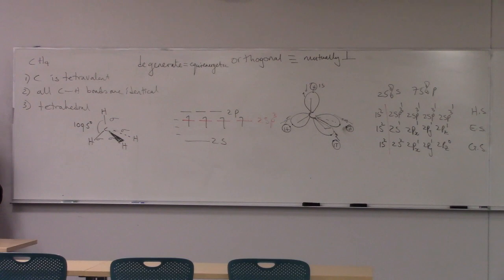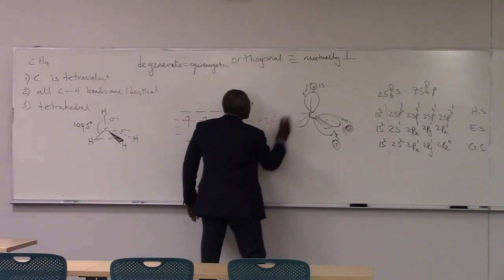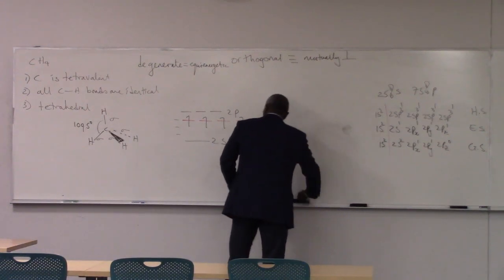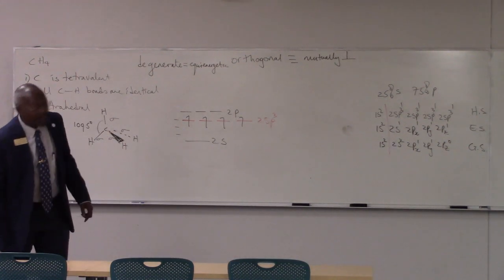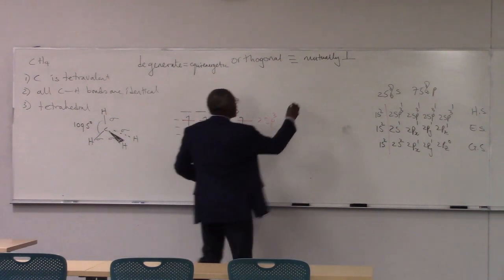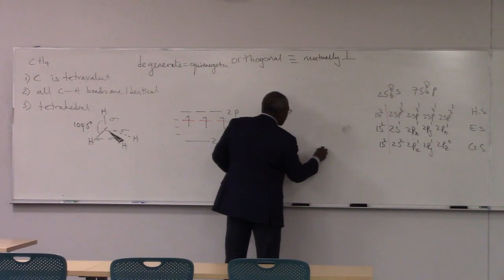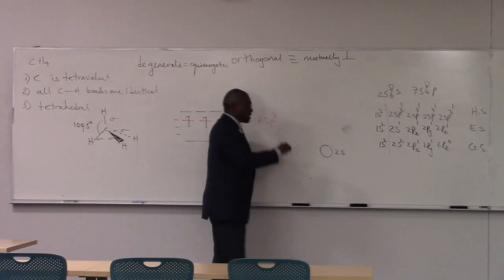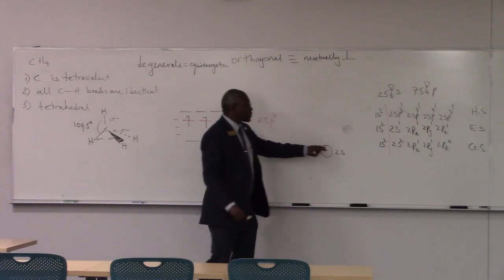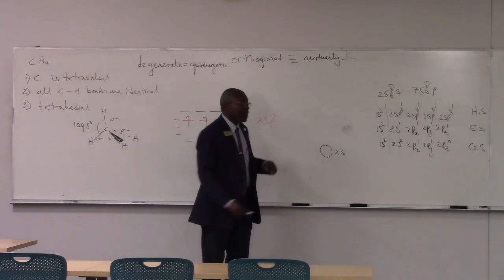One other point. What does the sp3 hybrid look like? Well, if you draw a 2s, it would probably look like this. Right? It's spherical and relatively small and relatively low energy.